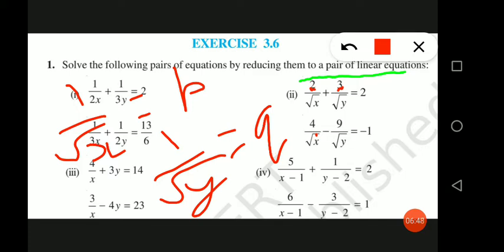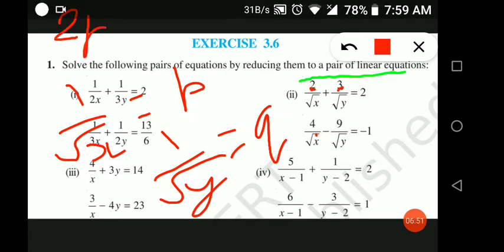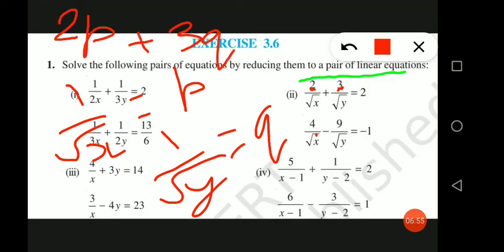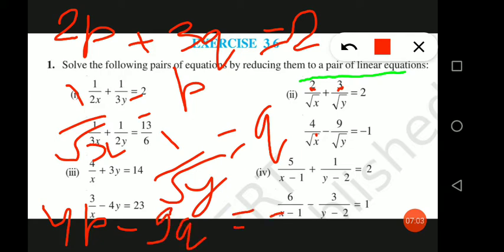So the equations become here 2p plus 3q is equal to 2, and 4p minus 9q is equal to minus 1. So these are the two equations, and we can solve them by any method.